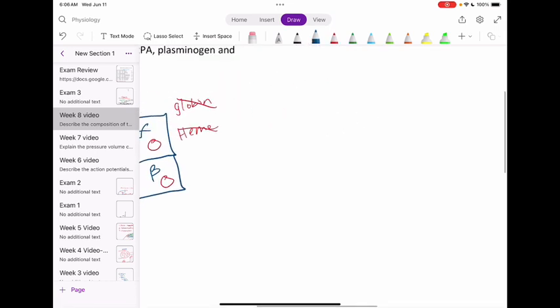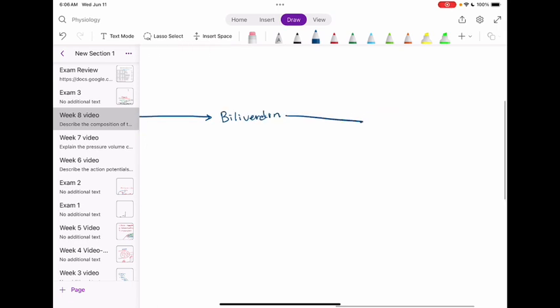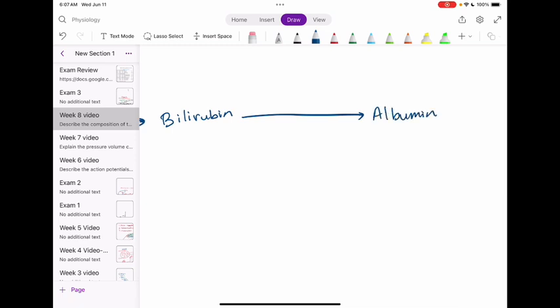So heme turns into biliverdin, which is a bluish green substance, and biliverdin can then turn into bilirubin, and albumin can transfer to the liver.